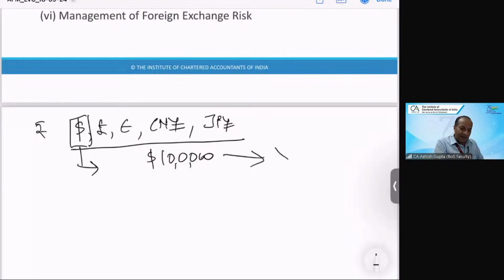to, say, country X. Today the dollar rate is $1 equivalent to rupees 81.